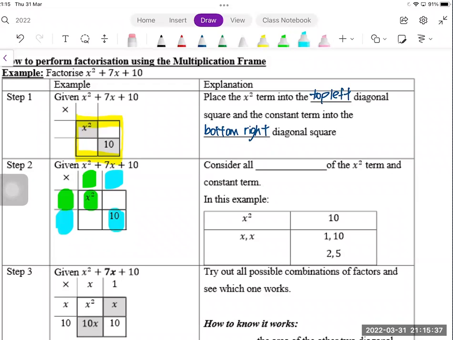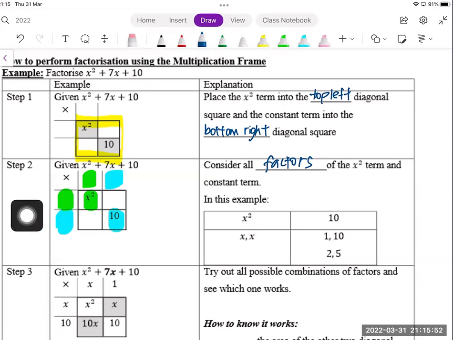So what we need to do is find some of the possible combinations. We consider all factors of the x squared term and the constant term.